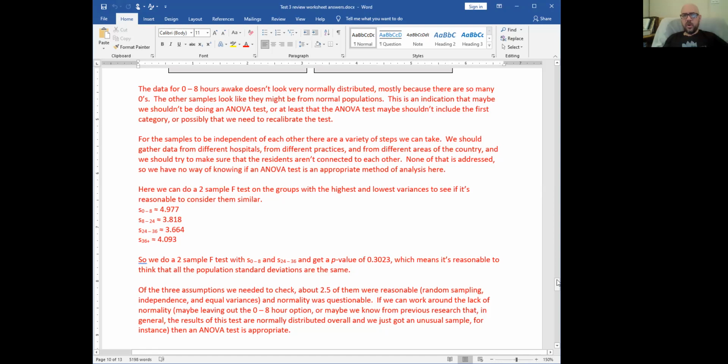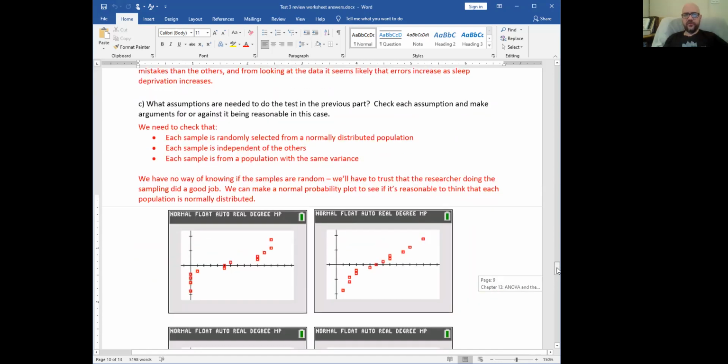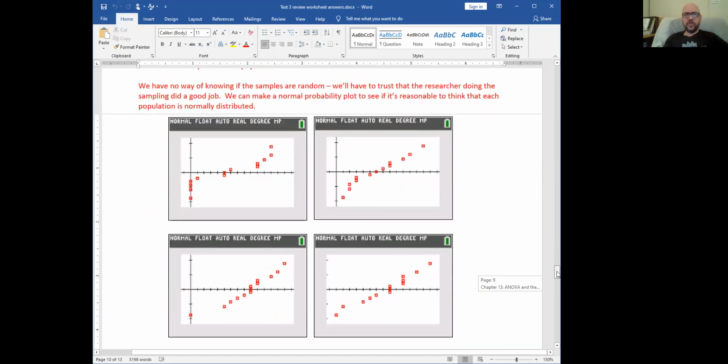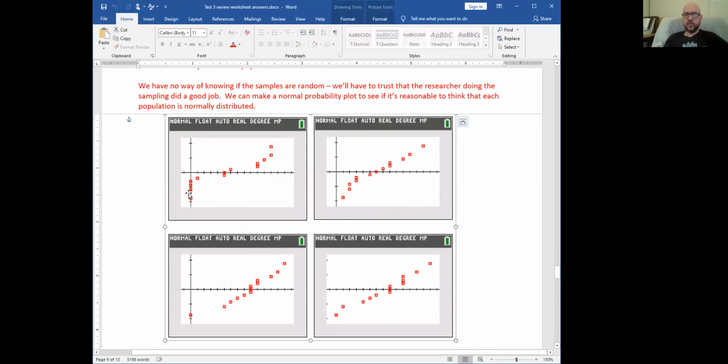So my answer to, are the assumptions reasonable, is something like this. I'm not convinced of the normality, right? I'm not convinced this is normally distributed. We might have to make some arguments about whether it's reasonable to think that this is normally distributed.